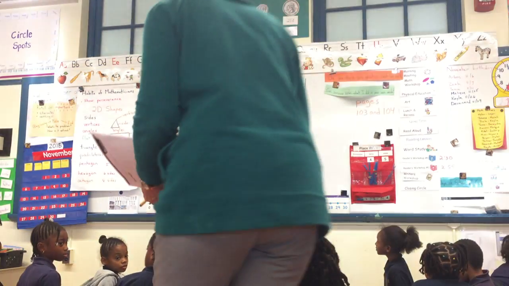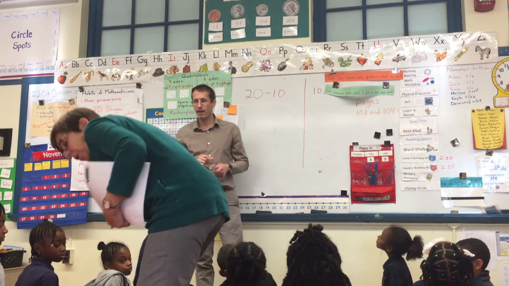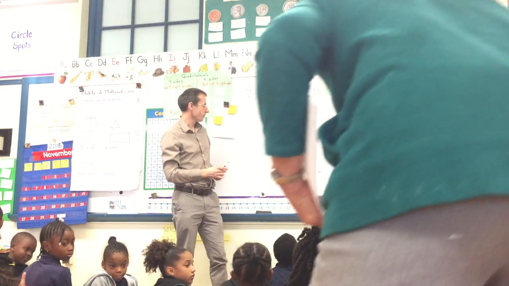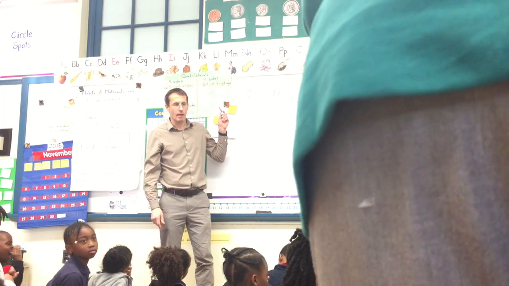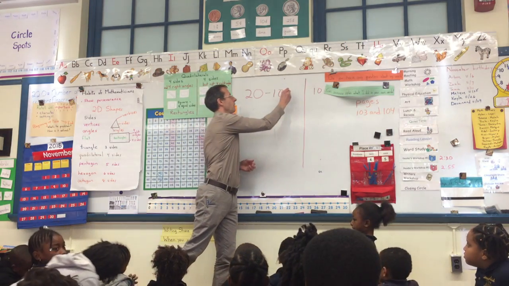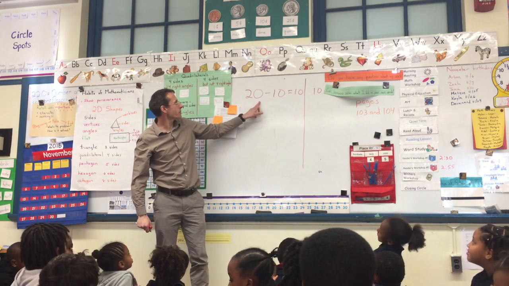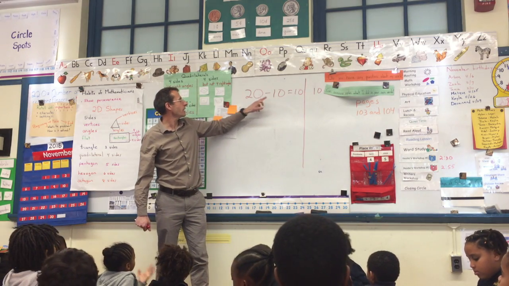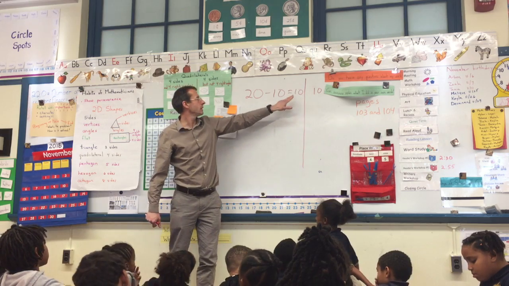Caleb? 10. Everybody agree? I have 10? Okay, cool. Alright, so I need your help with something else. But before I ask you that, I just want you to look at this problem again and see that taking 10 away from 20, which you guys all knew, giving you 10.